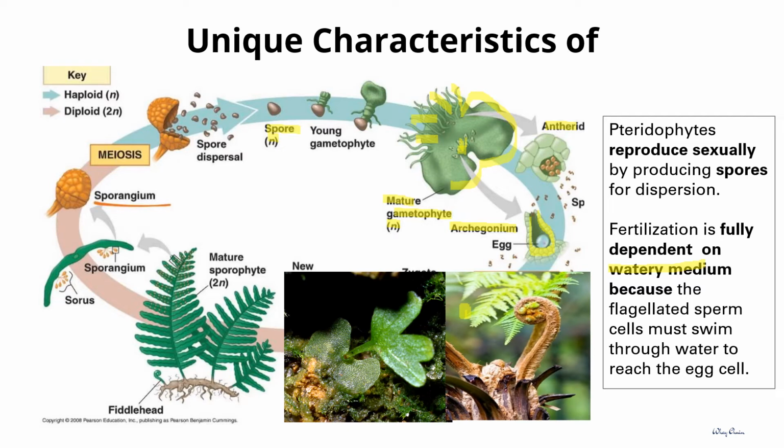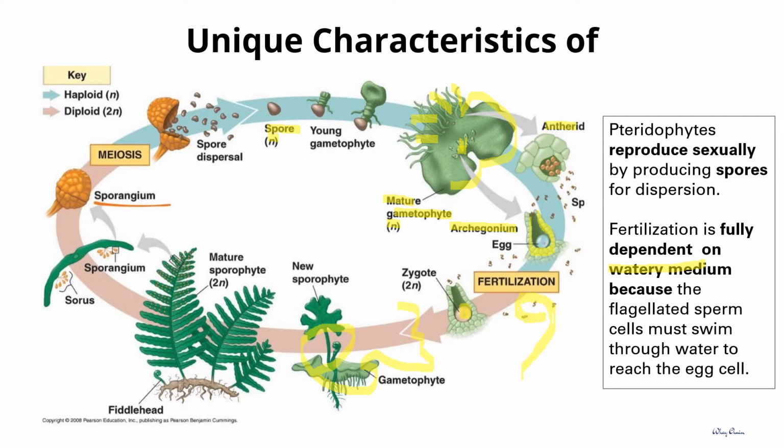This is the actual picture of the foot, which is the initial stage of the young sporophyte, and it will grow and expand into this structure, which refers to the young sporophyte. And the young sporophyte will grow into the mature sporophyte, which is still the diploid stage, and beneath the leaf structure, there is a structure called sorus, which consists of a cluster of sporangium.